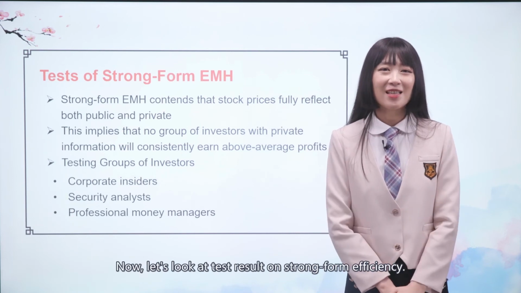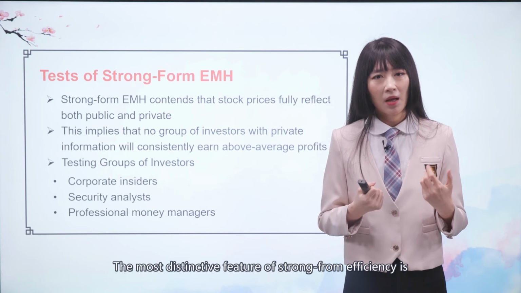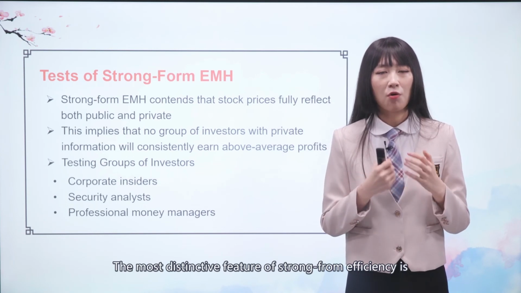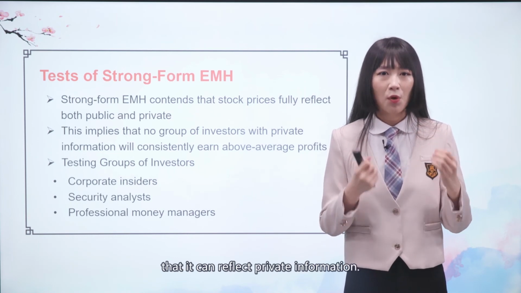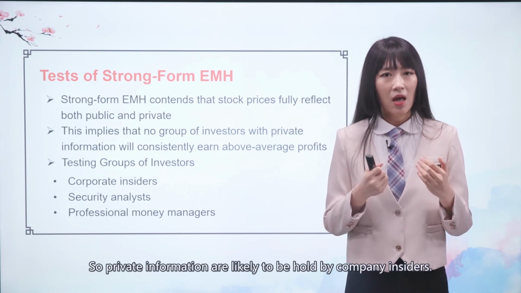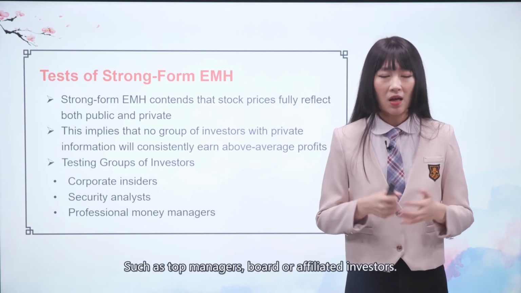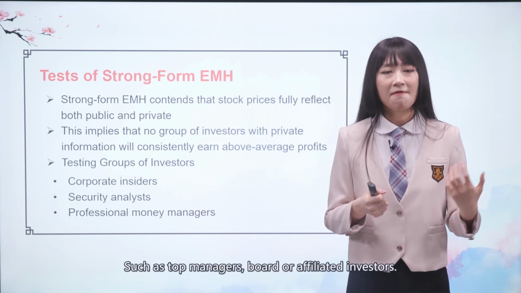Now, let's look at the test result on strong form efficiency. The most distinctive feature of strong form efficiency is that it can reflect private information. So private information is likely to be held by company insiders, such as top managers, board, or affiliated investors.